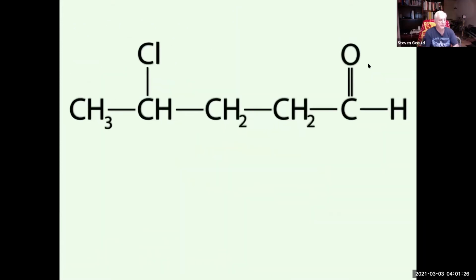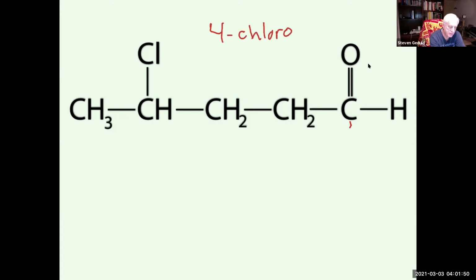Okay, name this thing. Let's use an IUPAC name. 5 carbons. Always number 1 at the aldehyde. So at number 4, we have a chloro group. So we have 4-chloro.